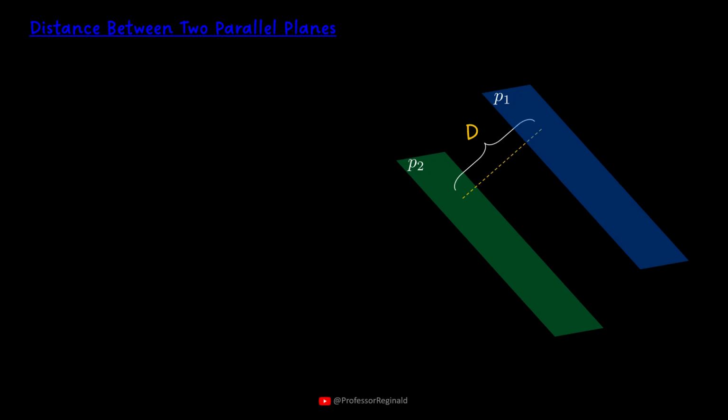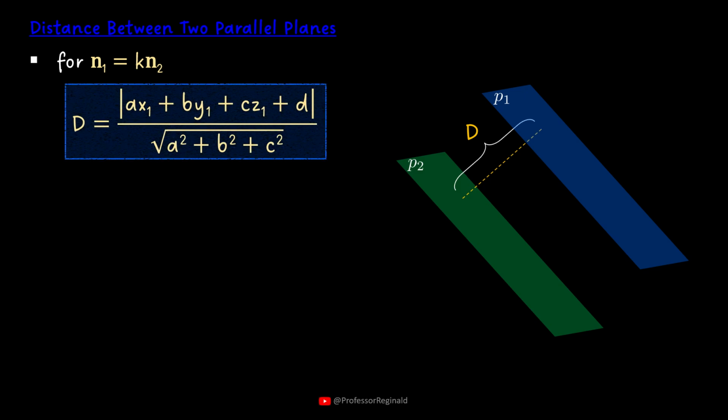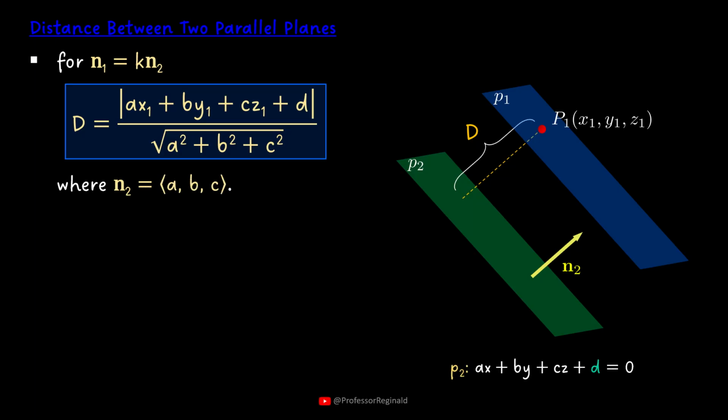There is a general formula for two parallel planes whose normal vectors are scalar multiples. It needs a point in one plane, and the normal vector, and the constant term of the equation of the other plane.